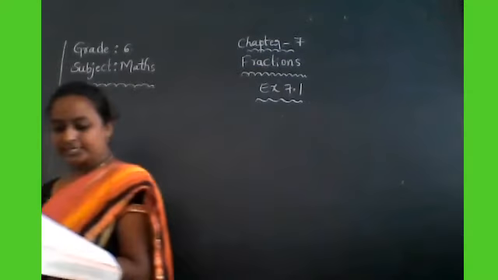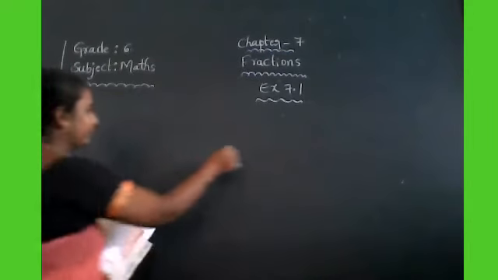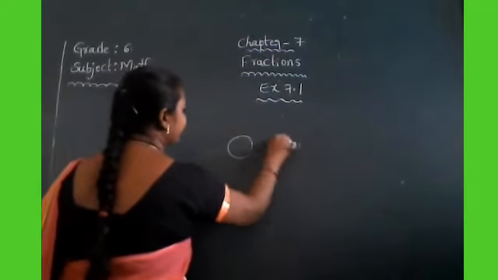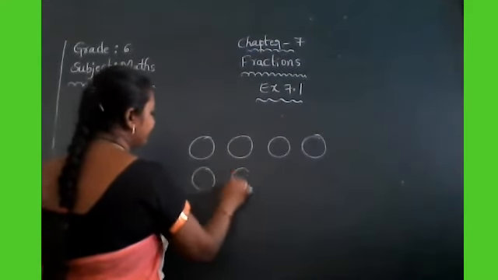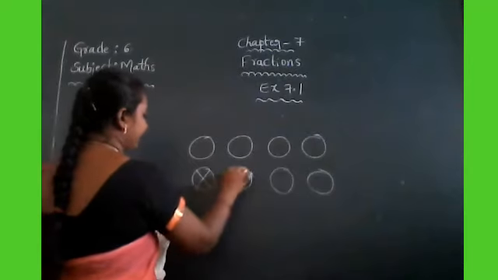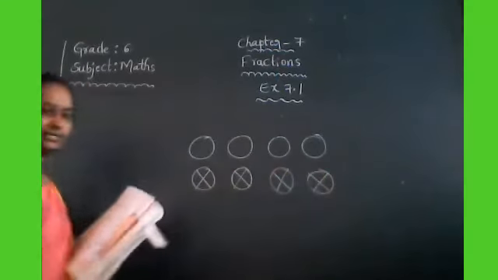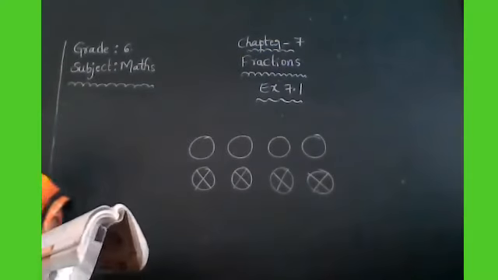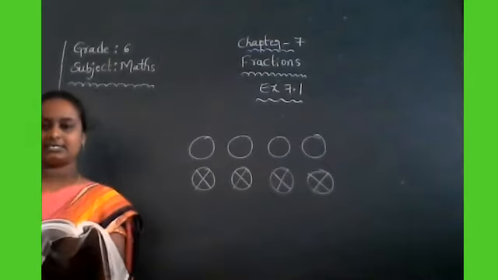How many circles have x? Among the 8 circles, 4 circles have the x symbol. Now, what fraction of these circles have x in them?